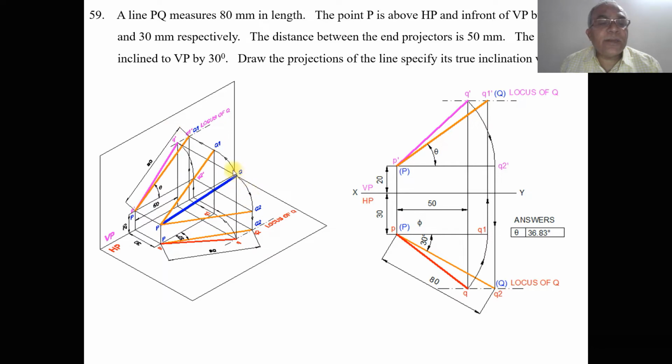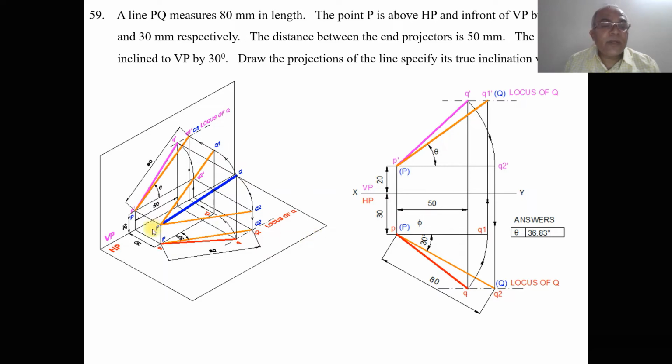You rotate in such a manner that this Q2 comes and touches the end projector line of 50 mm in the front view, and you get Q dash. When you are doing like this, what happens? The image in the front view is also getting rotated in the vertical plane as we look from the front view.